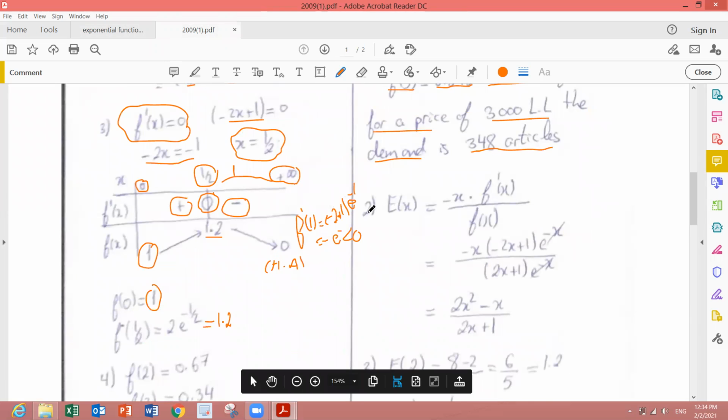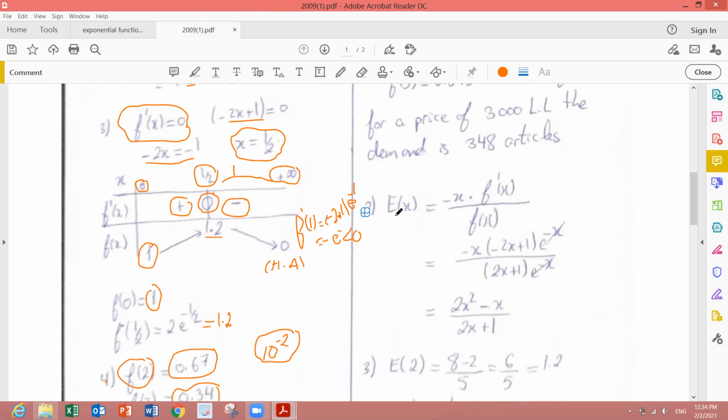So part 2 is about elasticity. Elasticity equals minus x times f prime of x over f(x). The f prime is calculated in part A. It is minus 2x plus 1 times e to the minus x. The f(x) is given, 2x plus 1 times e to the minus x.